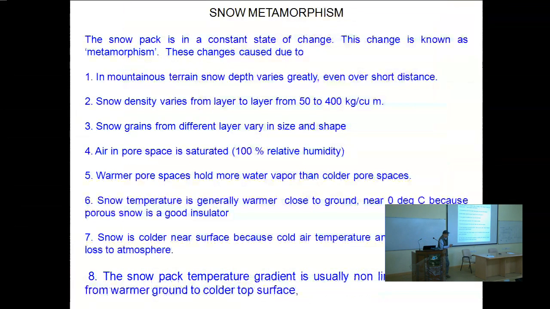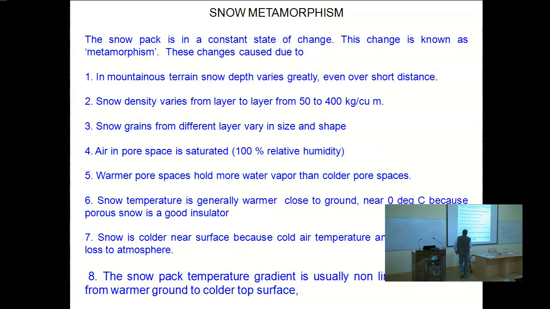So once it has fallen onto the land, this is called snow metamorphosis. That means the crystal, which is very complex and hexagonal in nature, cannot maintain that shape once it has fallen on the land, and it tends to become more and more round. The snowpack is in a constant state of change, and this change is known as metamorphism.